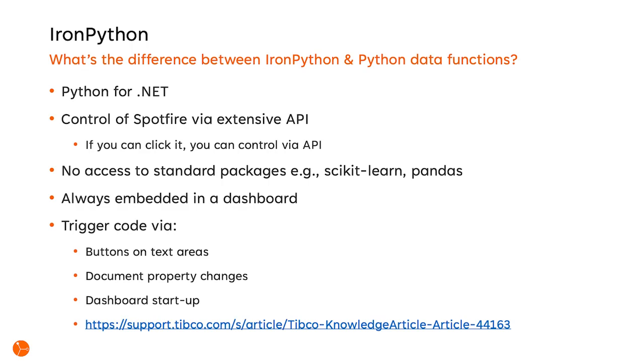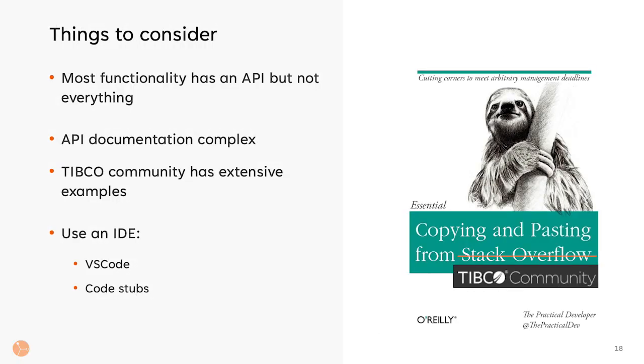There is a way as well of getting these IronPython scripts to trigger when a dashboard starts up. And there's a typical article on that that tells you how to do that. There's a little bit to do to get that to work, but that's a really powerful technique. And I'll come on to the bigger use case and we'll show you how we use that.